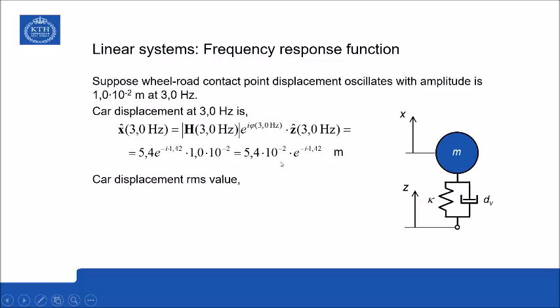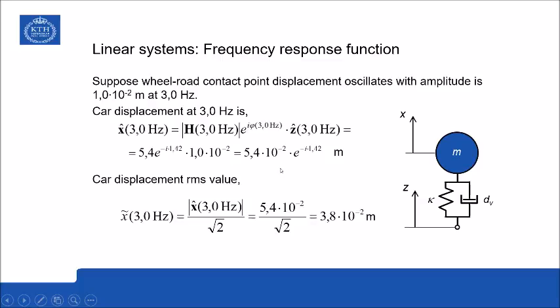And if we consider the root mean square value, since it's pure sine, we can simply divide the amplitude or peak value by the square root of 2, and we obtain 3.8 centimeters.